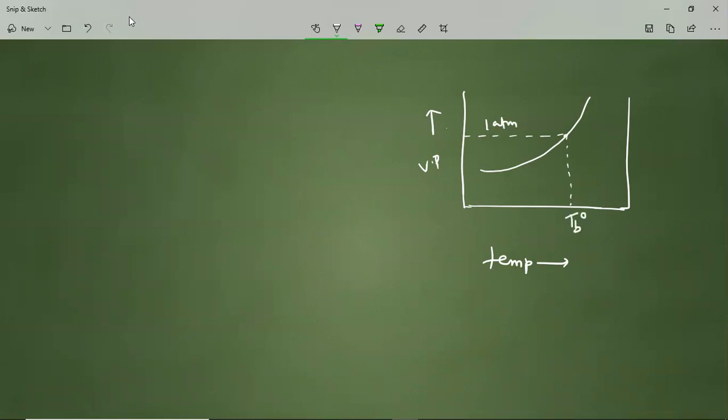Once we add the solute, to reach atmospheric pressure we need to increase the temperature of the solution; that is the boiling point of the solution.